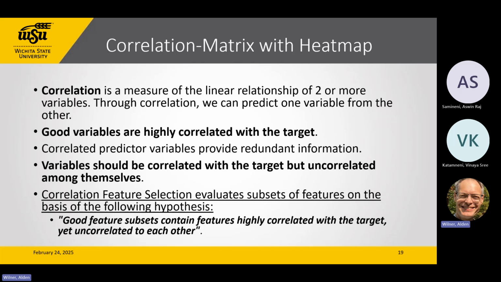You say those variables are highly correlated with each other. Maybe I don't need both of them in my model, right? So basically that's what we're looking for: feature correlation values that are lower, close to zero, whether negative or positive. But we want to see correlation with the target variable that's high, right?